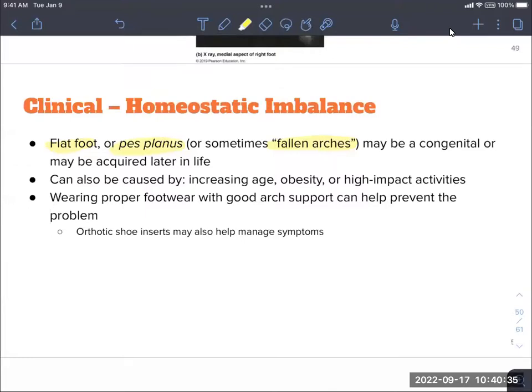Sometimes when people are pregnant, their feet, quote unquote, grow a few sizes. It's because their arches are falling. It could be from running, from exercising. High impact activities can actually cause your arches to fall and your bones to kind of spread out more. That's why it's important to wear good arch support in your shoes. It can prevent that problem.